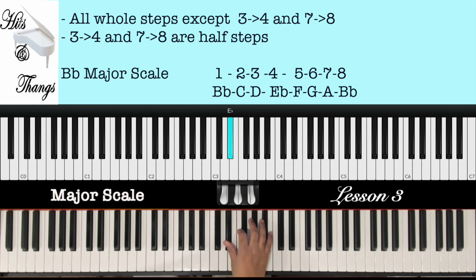That's very important. That's where the concept of sharp versus flat comes in. Let's keep going. 4 to 5, whole step, 5 to 6, whole step, 6 to 7, whole step, and then 7 to 8, half step. Let me repeat that.